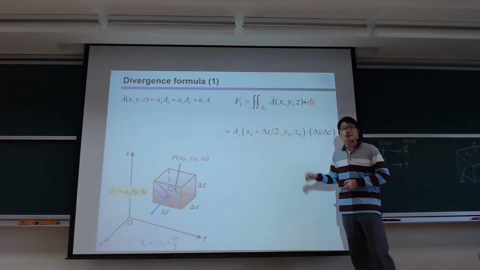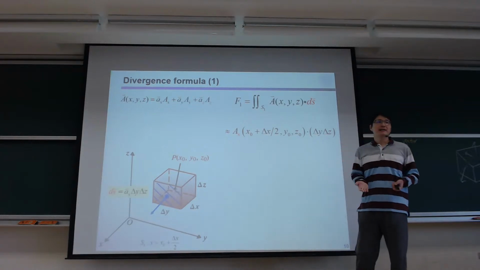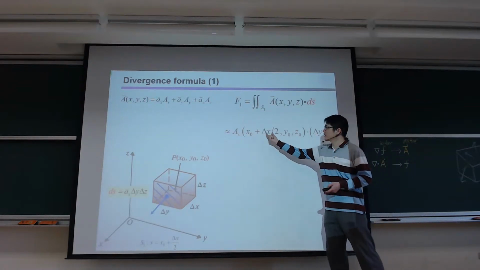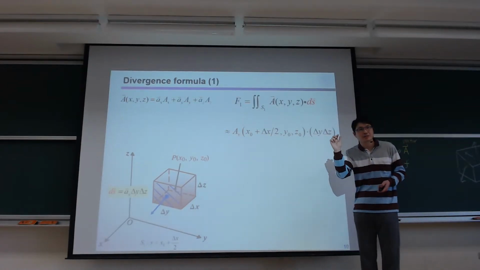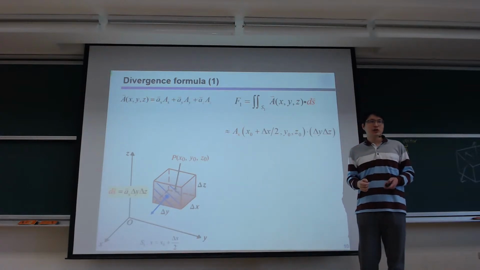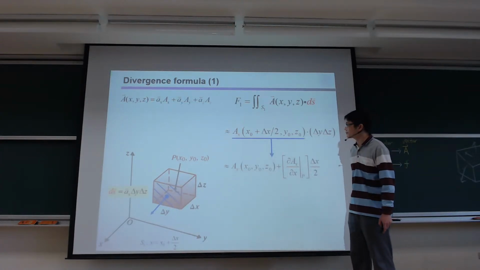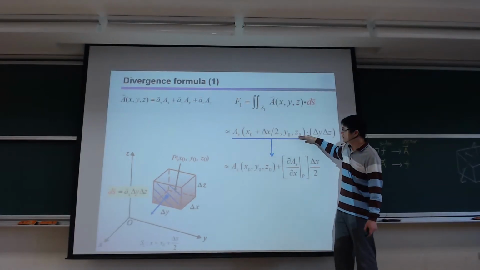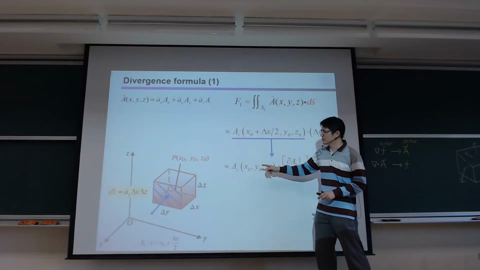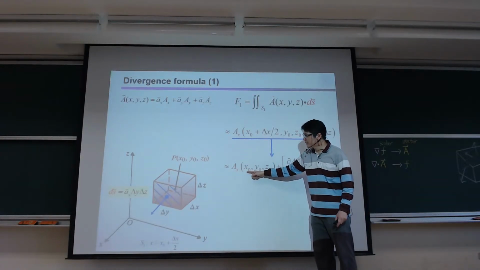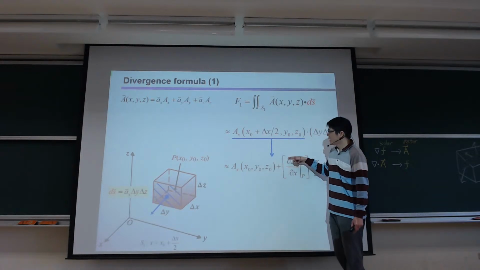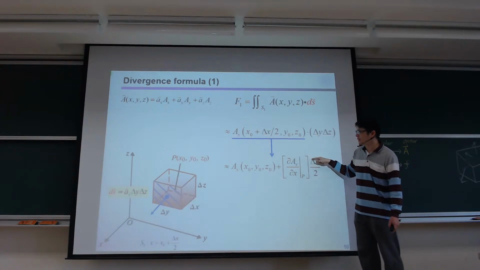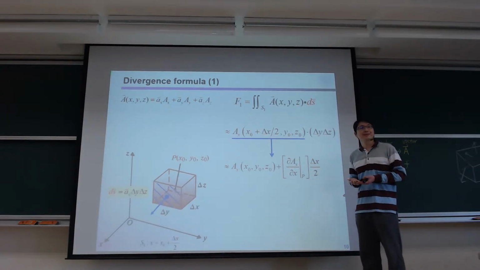How to evaluate this? This is based on the understanding of Taylor's series. When delta x, delta y, delta z are very small, we can confidently use Taylor's expansion to the first order. So this field value is approximately equal to Ax evaluated at my center point plus an offset of delta x divided by 2 multiplied by the slope, right?